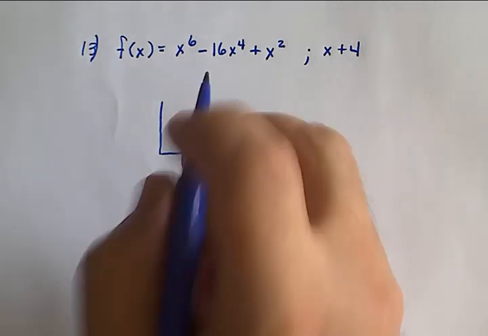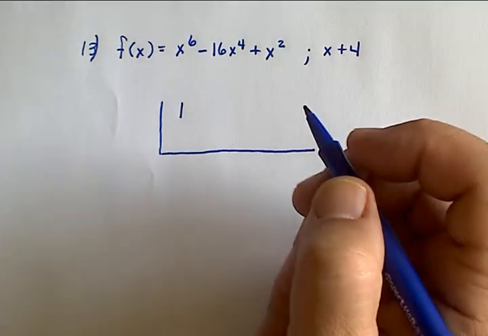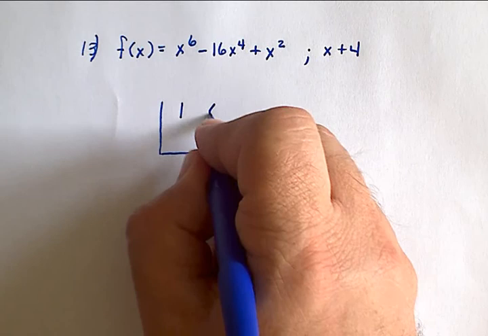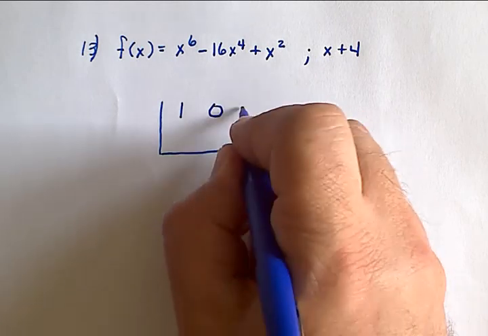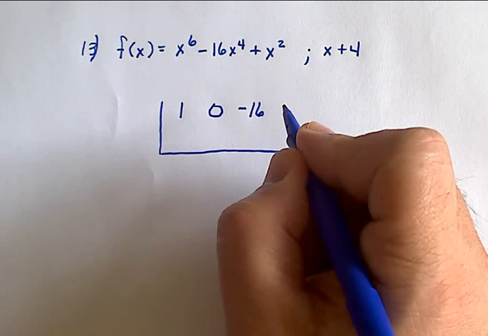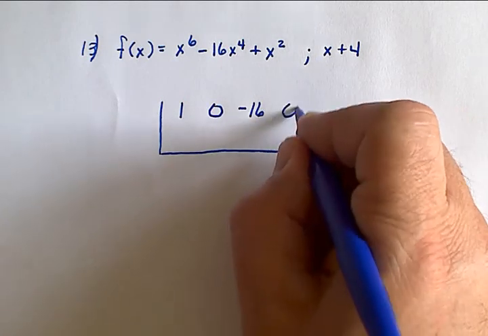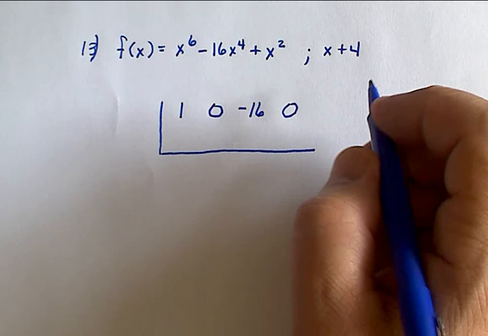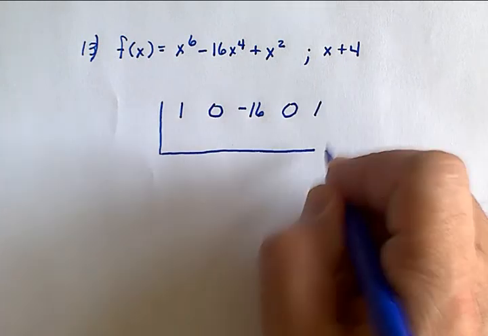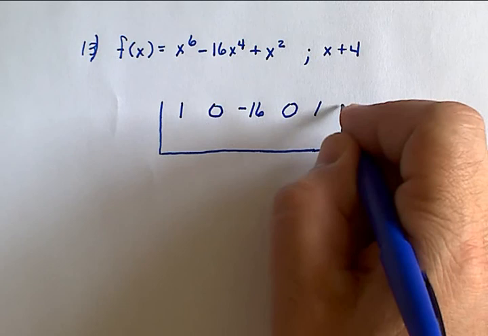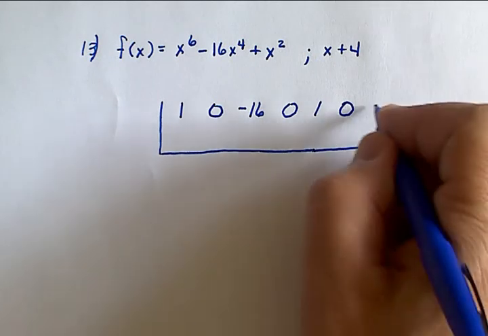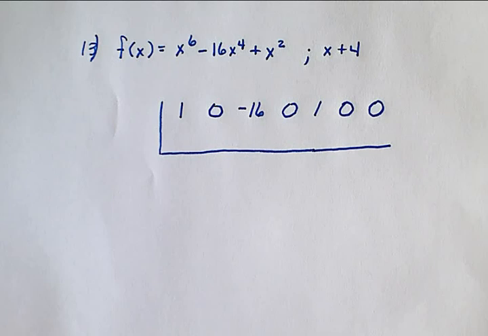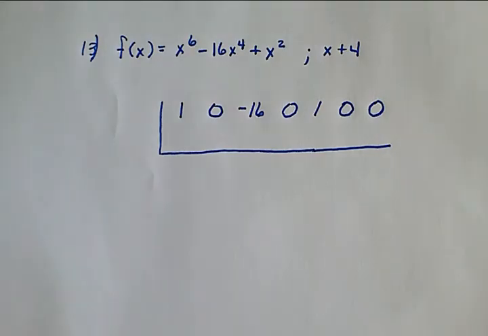So I have 1 x to the 6th power, a 0 x to the 5th, a negative 16 x to the 4th, a 0 x to the 3rd, a 1 x to the 2nd, a 0 x, and then a 0 constant. An x to the 6th polynomial should have 7 terms, one more than the degree, including the constant.